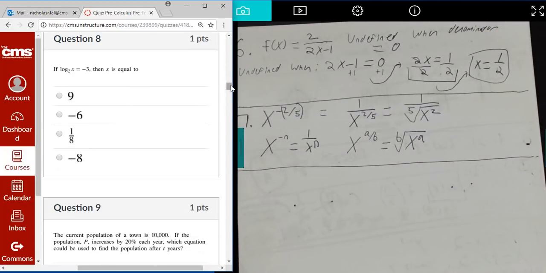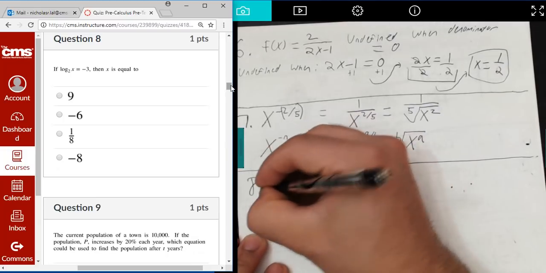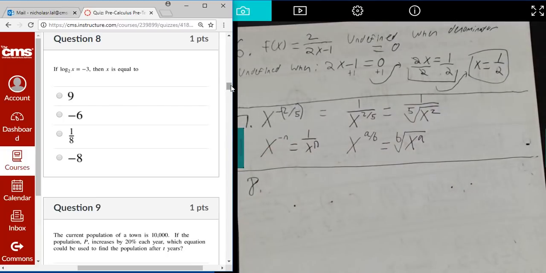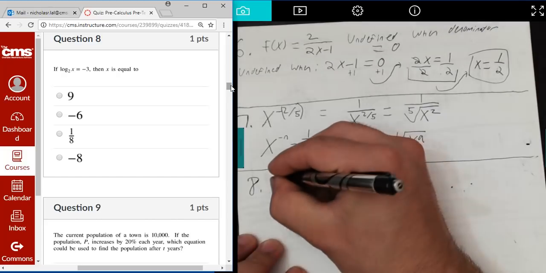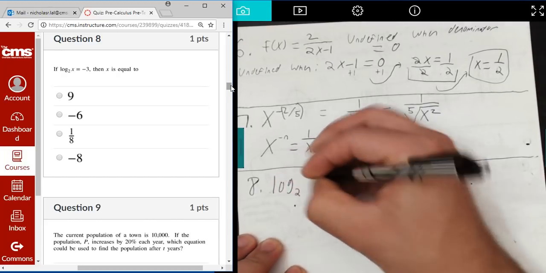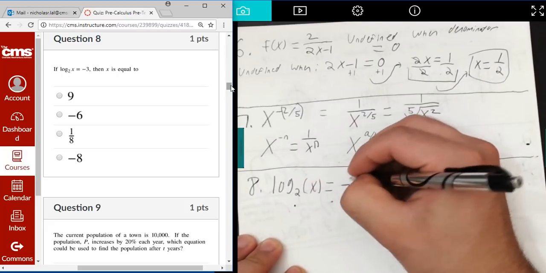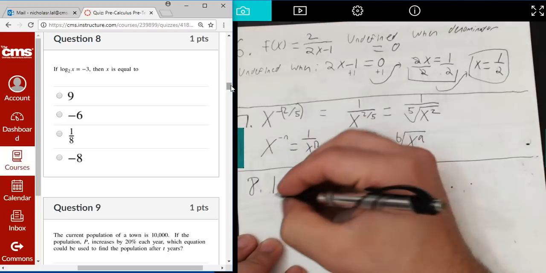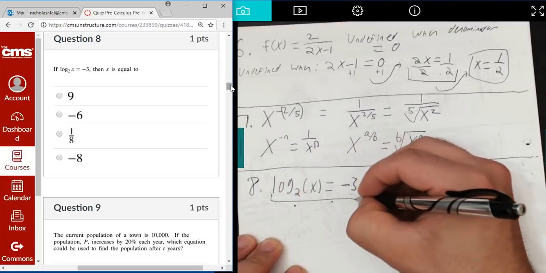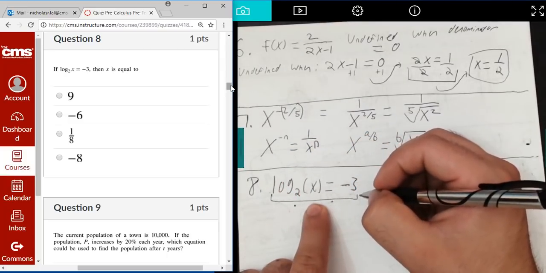Question 8. If log base 2 of x is equal to -3, then x is equal to what? So log base 2 of x equals -3. What the logarithm is saying is it's another way of writing an exponential function.